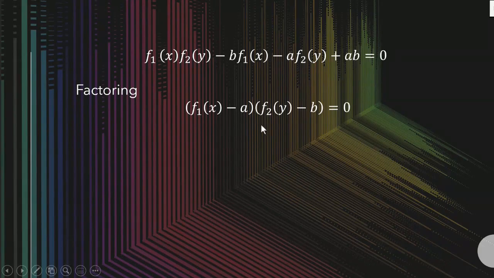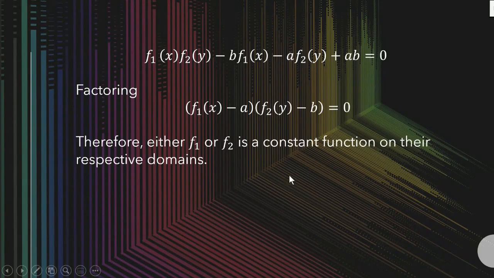So it means that this equation implies that either f sub 1 or f sub 2 is a constant function on the respective domain, that at least one of them is constant on its domain. So it means that we have proved the proposition by proving the contrapositive of that proposition.